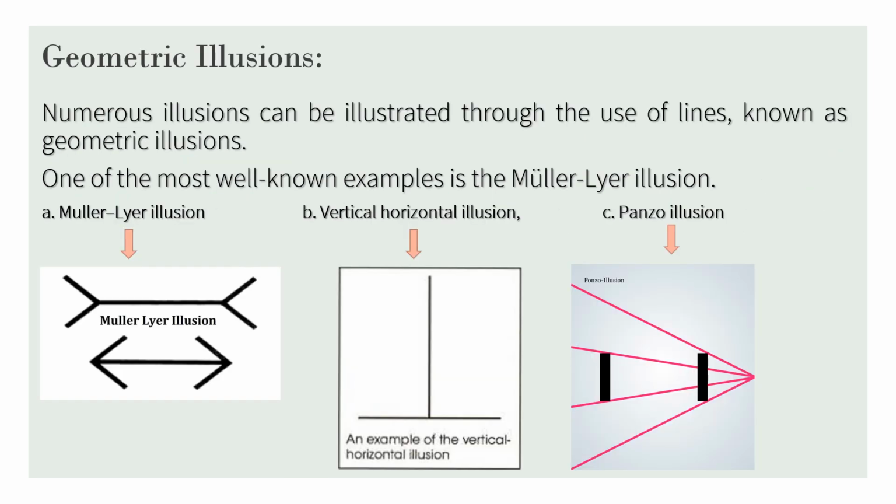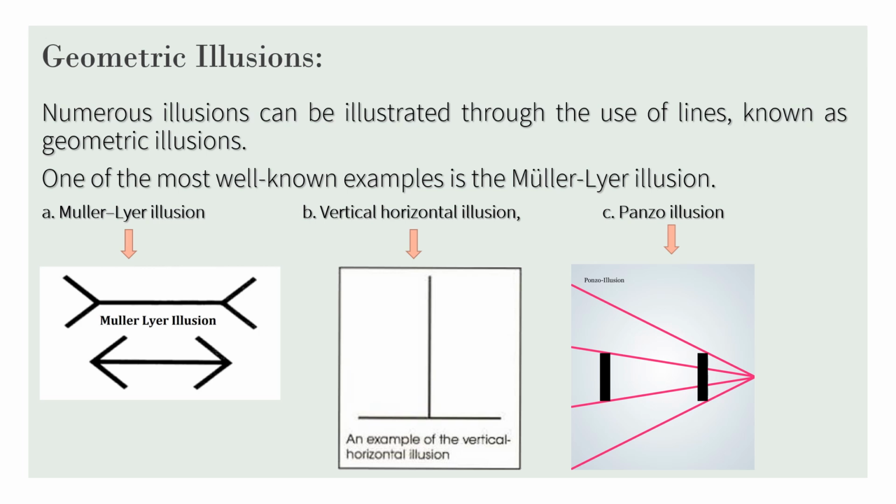These illusions also happen in geometric figures, and the most common one is the Muller-Lyer illusion, depicted in the first figure. The lines above and below are of the same length, but seem to be of different lengths because of this illusionary effect.